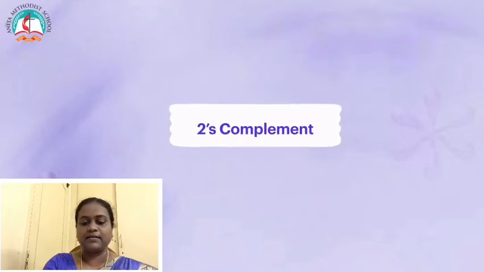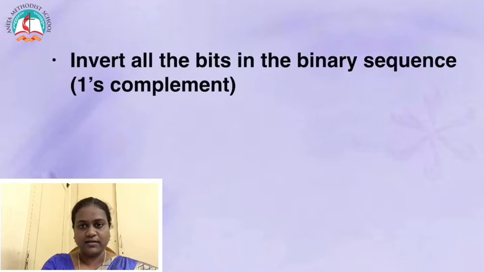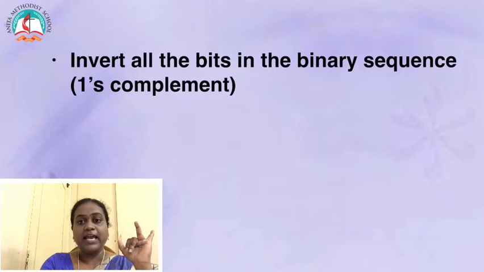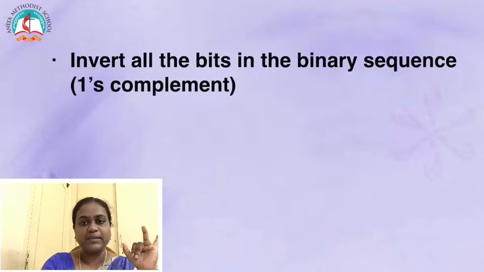Then 2's complement. Step 1. First I will do 1's complement, that is, decimal number I will convert into binary. I will check for 8 bits. If that binary does not have 8 bits, then I will add 0 before the MSB, that is the most significant bit.